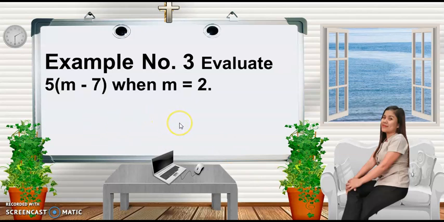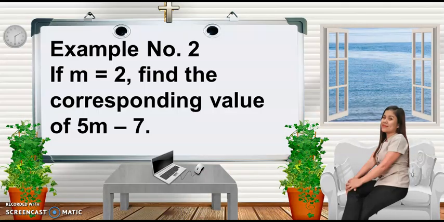Suppose m is equal to 2. Let's try to evaluate and see if they have the same answer. Examples 2 and 3 seem to be the same, but let's see if they have the same answer.